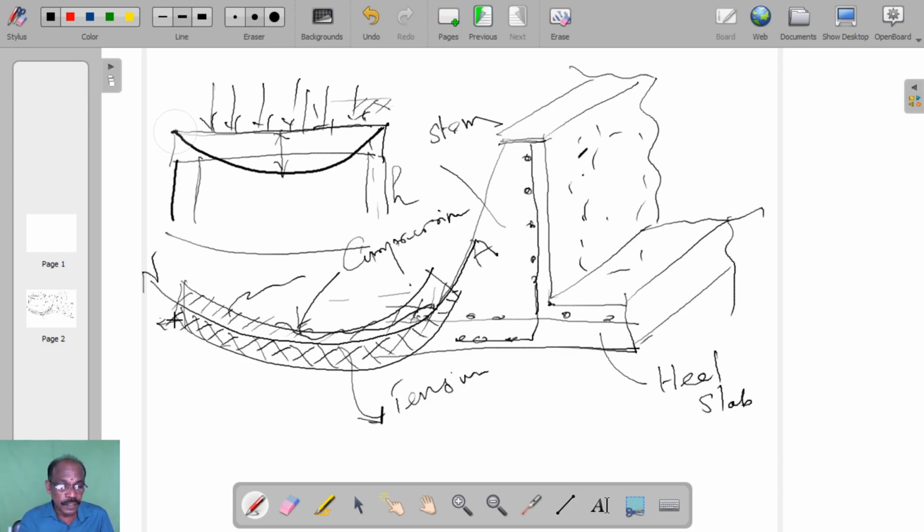The bottom portion will be getting some tensile force. So concrete is weak in tension, therefore we have to provide the tensile reinforcement like this at the bottom of the tensile force.